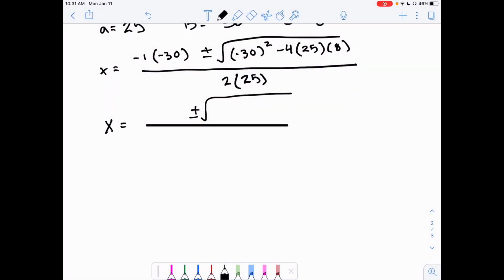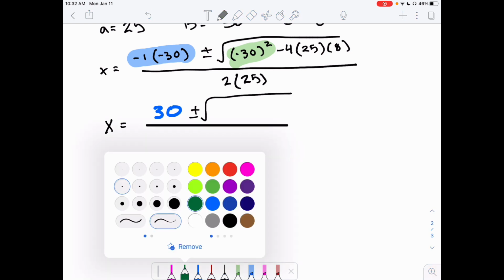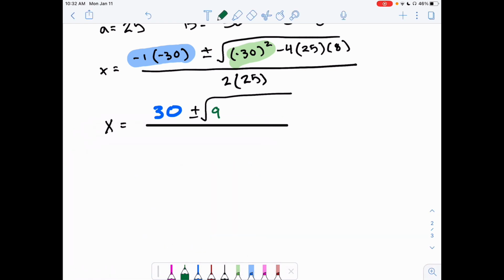This may seem daunting, but we're going to evaluate it piece by piece to make it simpler. Start by evaluating -1 times -30. That's positive 30. Now we're going to evaluate -30 squared. Make sure you put the -30 in parentheses. If you do that, you'll get positive 900.